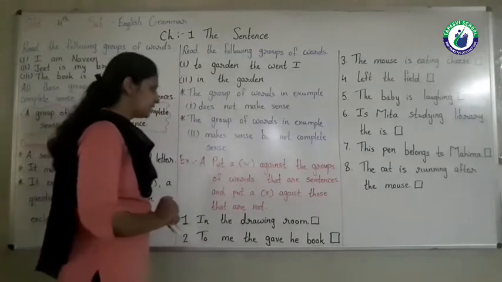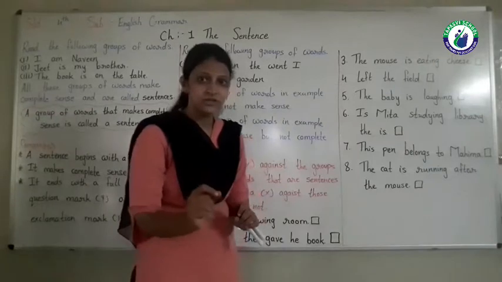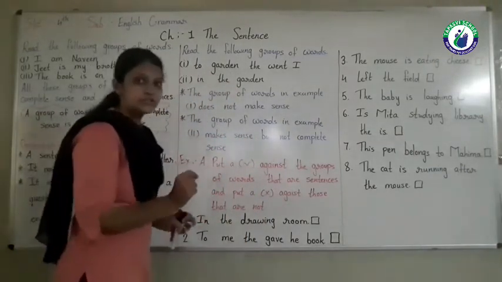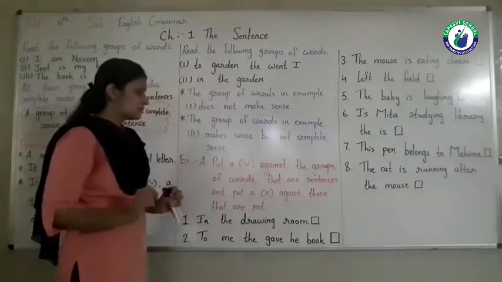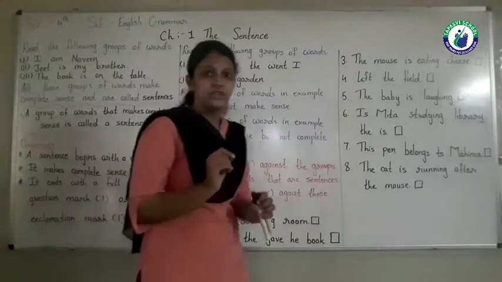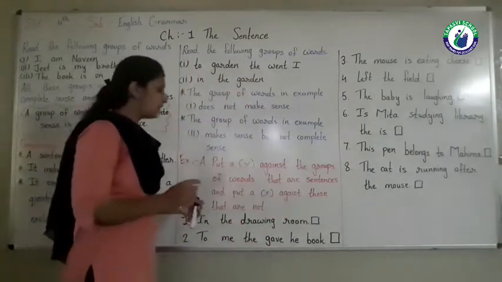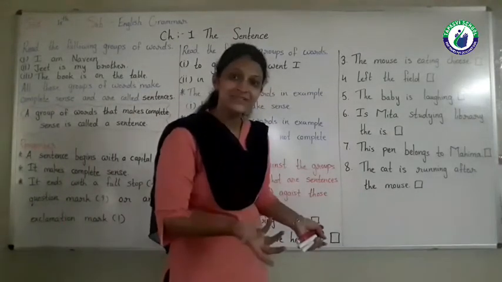If the sentence is in a proper order and also it's a complete sense, then in front of that sentence you have to tick right. If the sentence is not given in proper order, is not complete sense, then in front of that sentence, we have to put cross.